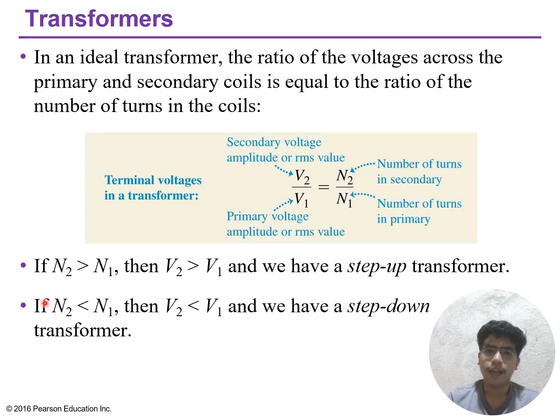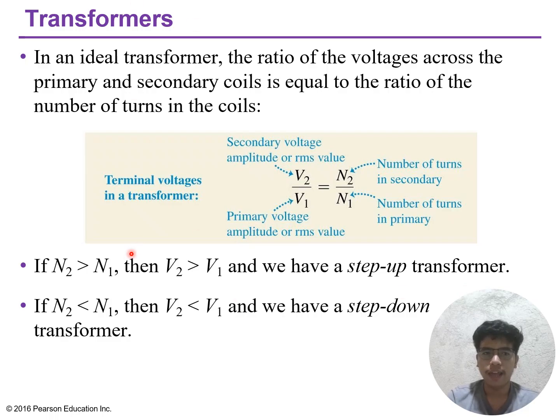If N sub 2 is greater than N sub 1, then V sub 2 is greater than V sub 1, creating a step-up transformer that increases voltage while decreasing current proportionally.